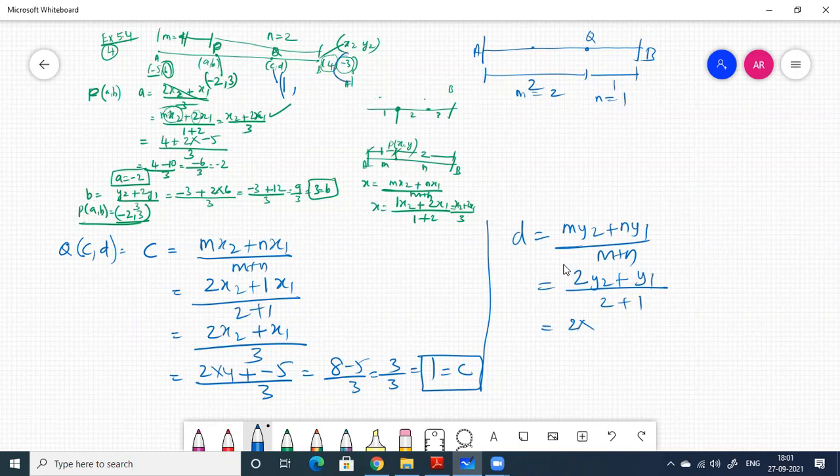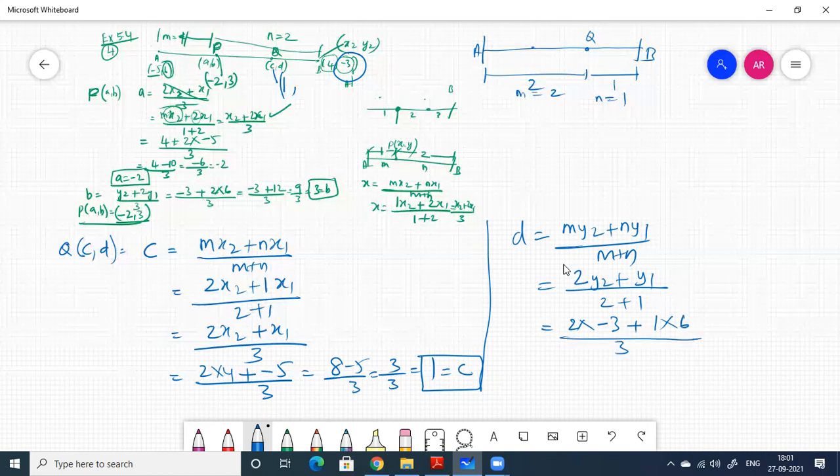Y2 is minus 3. Correct. 2 into minus 3 plus 1 into y1. Y1 is 6. Minus 6 plus 6 divided by 3, that is equal to 0 divided by 3 is equal to 0. So D is equal to 0.